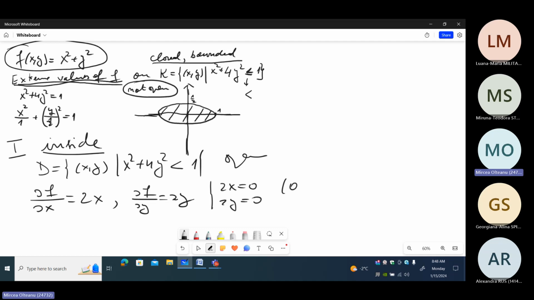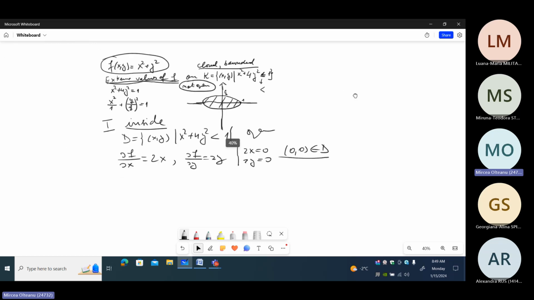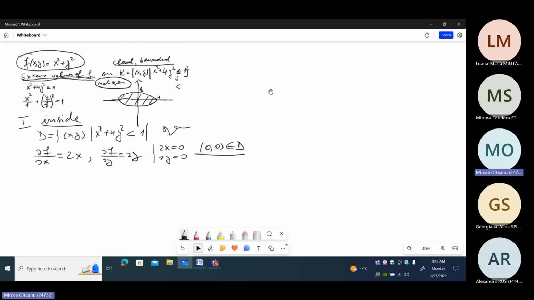We have one critical point, (0,0), which is in D. So we don't go further to decide if this point is or is not a local extremum. Actually, it is. It is a local minimum. But we don't care about this. You will see why. Because finally, we shall compute the values of the function f at every possible local extremum, and then we shall compare the values. So inside the set K, we have only one possible local extremum, this one.